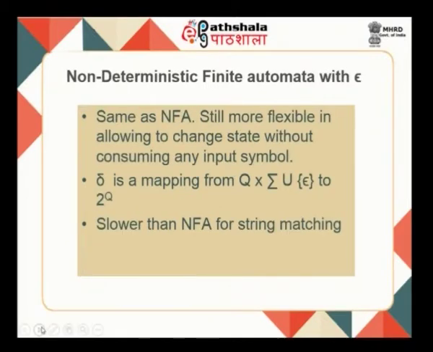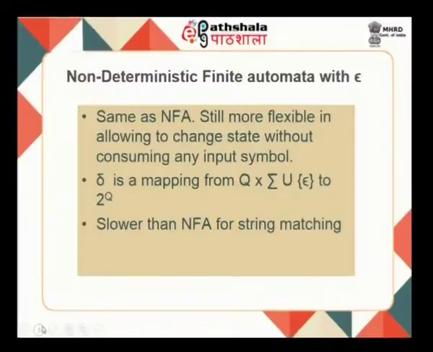What we normally do is there is one more variation which is called non-deterministic finite automata with epsilon transition. This is additional flexibility where you could define some edges as labeled epsilon, that is without consuming an input symbol you can go from one state to another state.